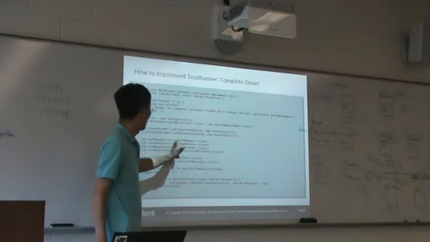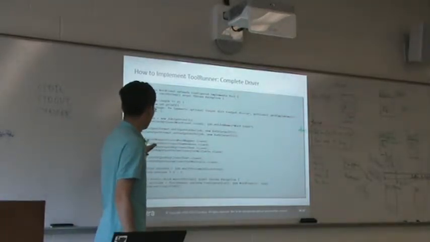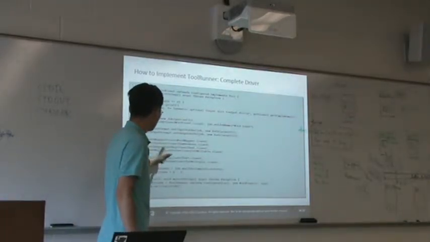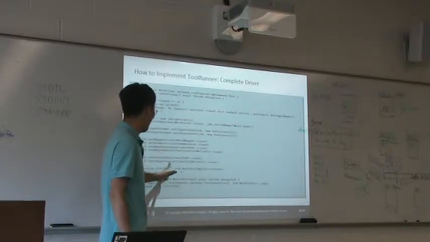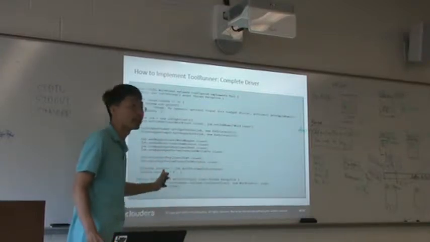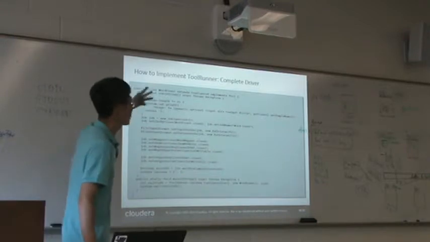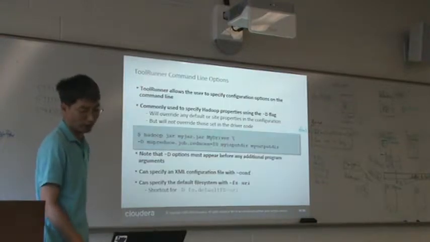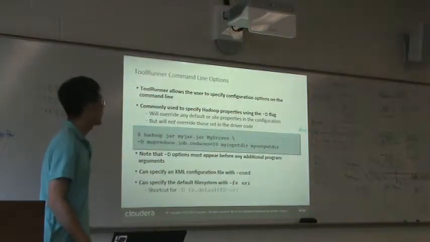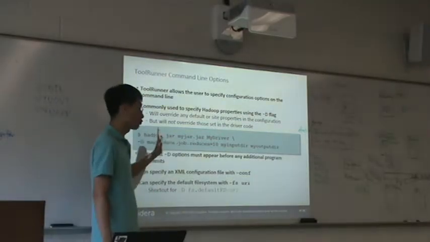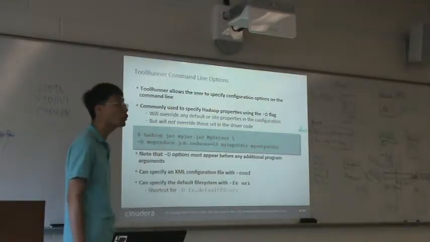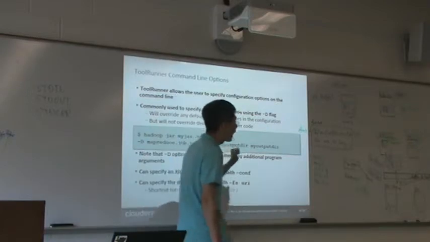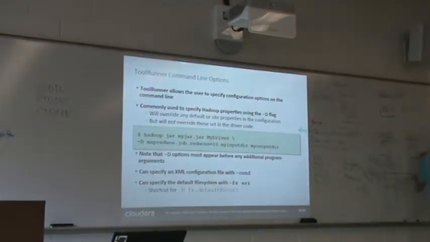The other part is the same thing. You can set the mapper, you can set the reducer, and the input and output format. It's exactly the same, but this is runnable on the local file system. At that time, how can we run? You can use the hadoop command, but it will not go through the job tracker or whatever.